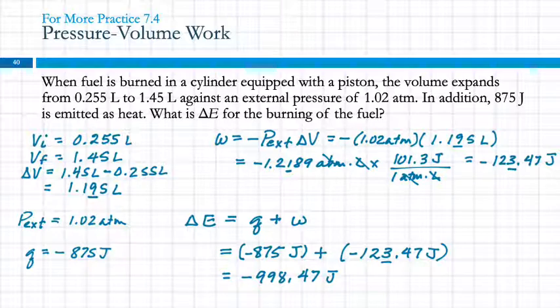Here I'm adding. This number ends in the ones place. This number ends in the ones place. So my answer should end in the ones place, and I'll round that to minus 998 joules.